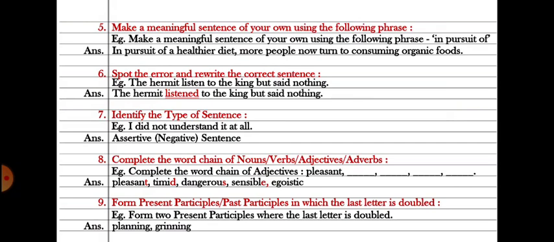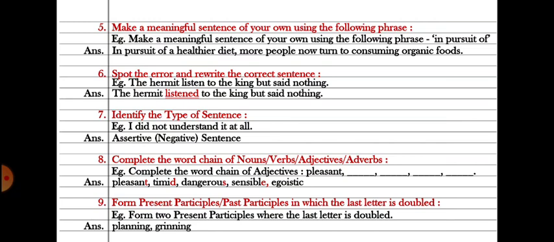Question number 5. Make a meaningful sentence of your own using the following phrase. For example, make a meaningful sentence of your own using the following phrase: in pursuit of.